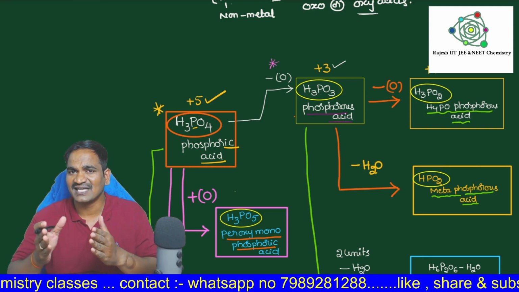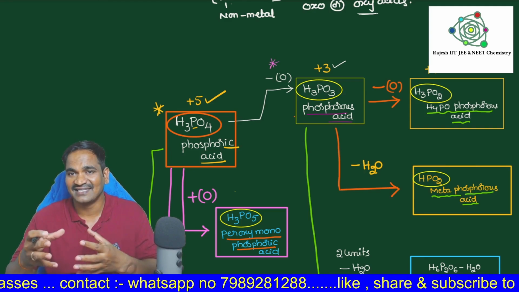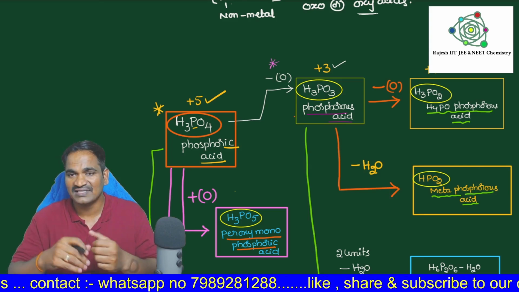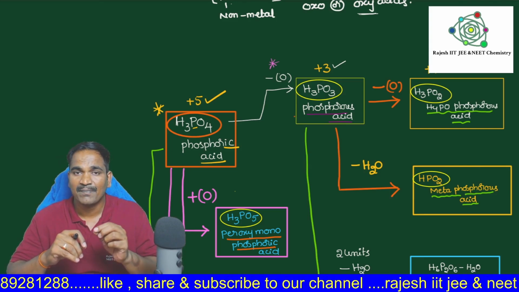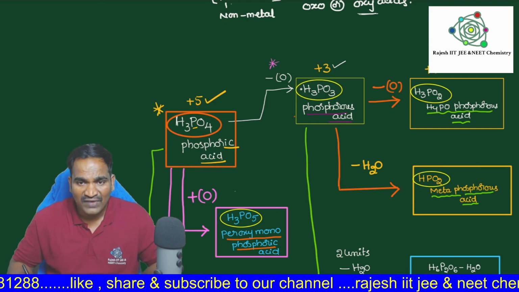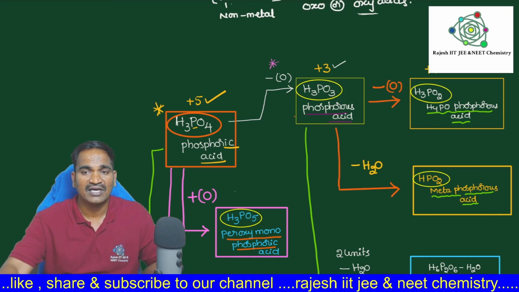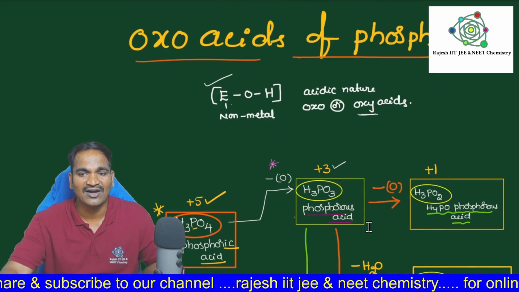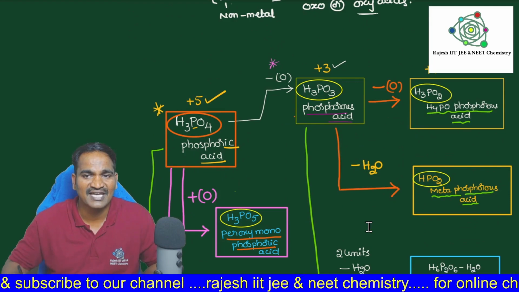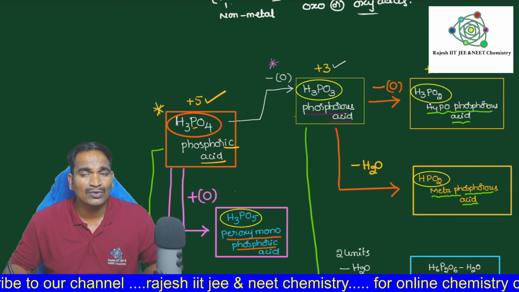Now coming to the next point. From this phosphorus acid, we can get different types of ous acids. So we are going to get the oxyacids of phosphorus from this phosphorus acid. From this phosphorus acid, again I am removing one oxygen. If I remove one oxygen, we get H3PO2.